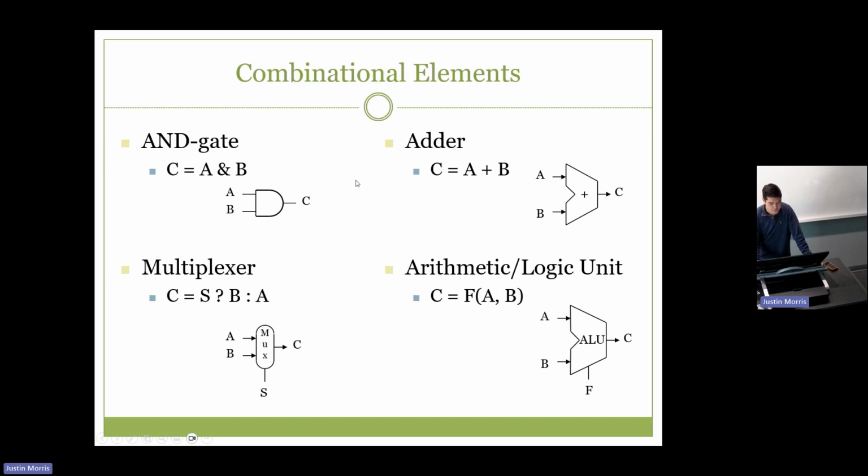So here are our basic combinational elements that we need. We have AND gates, we have an adder, the ALU that we made in the previous lectures, and the multiplexer that we haven't added to the data path yet, but they will be added.